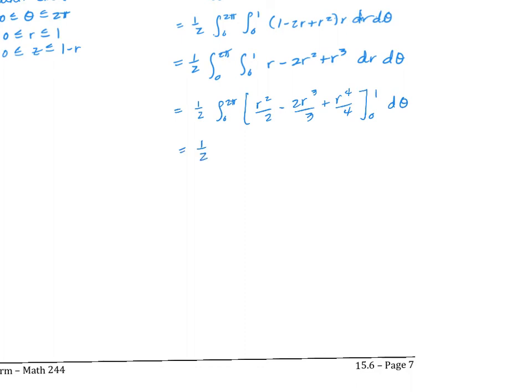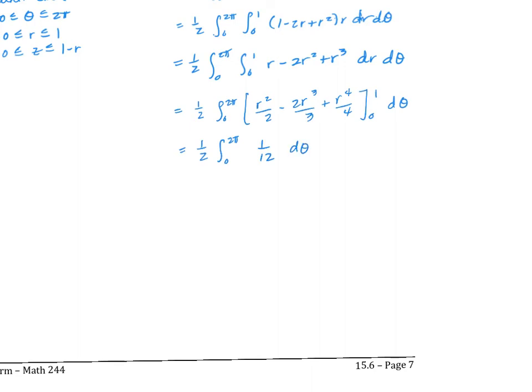And I have 1/2, 0 to 2 pi. So 1 would be 1/2 minus 2/3 plus 1/4. I'm just going to write that as 1/12, I believe. Again, you guys double check me on this. d theta.